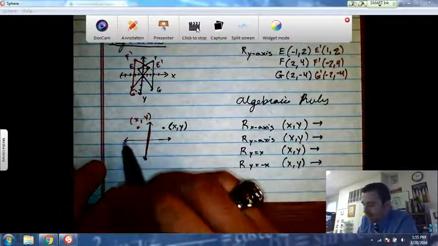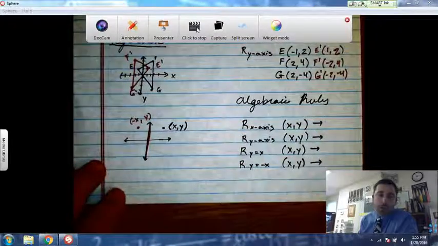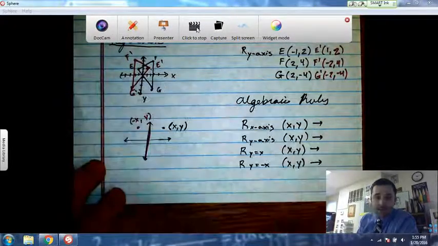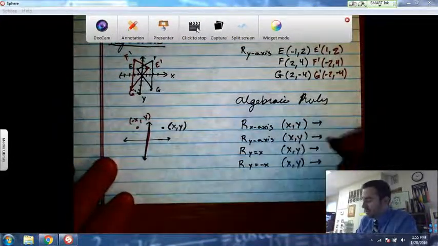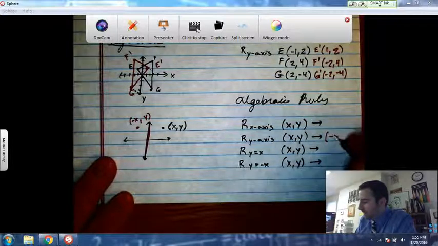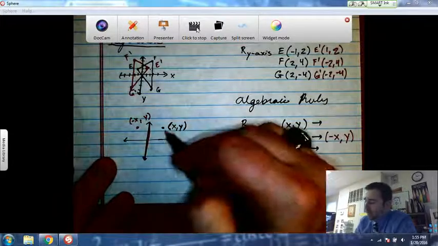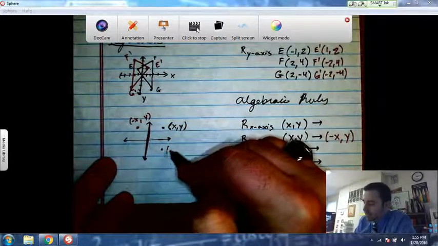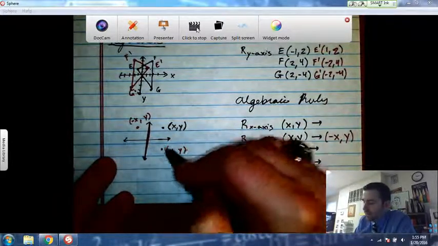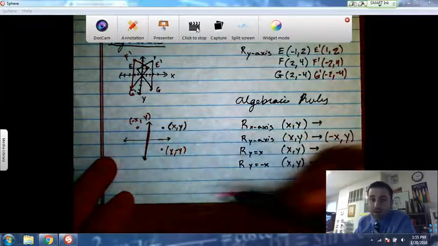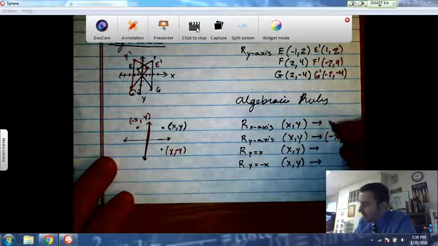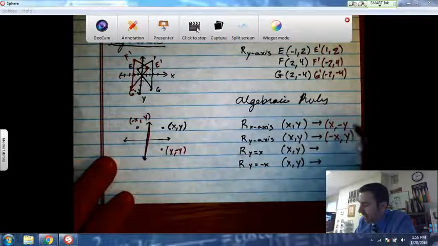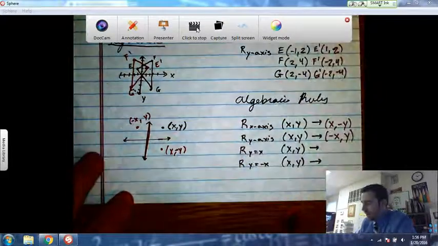However, I'm on the negative x-axis over here, so a reflection in the y-axis would yield me the opposite of x, and then y. With the x-axis, again, x stays the same. However, now I'm on the y branch of the y-axis, so I go from y to the opposite of y, or negative y in this case.